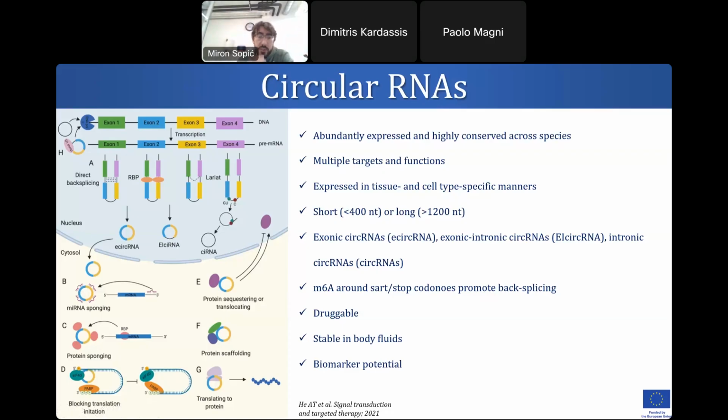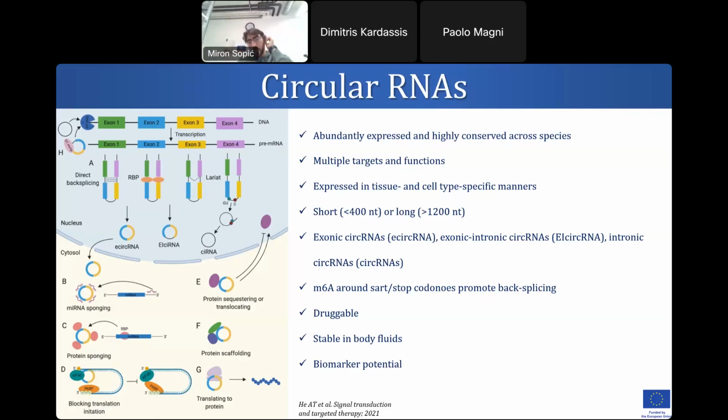You know that during the maturation of mRNA, there's a spliceosome that targets the introns, pulls them off, and then seals the exons. And in this process there is this structure that is called a lariat, and out of this structure you get full intronic circRNAs.